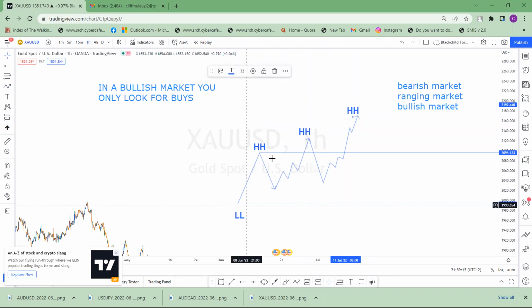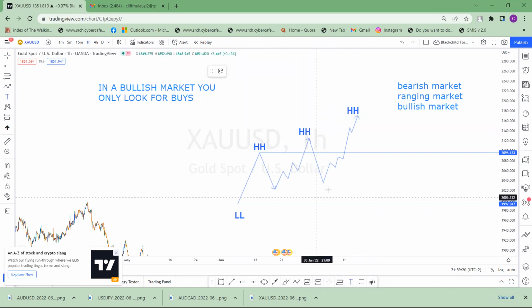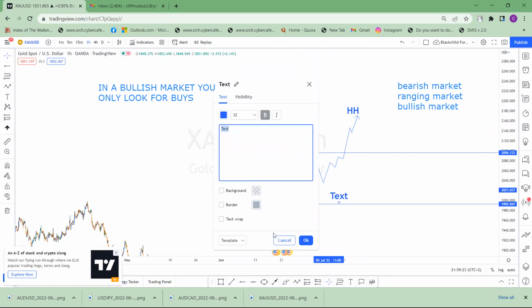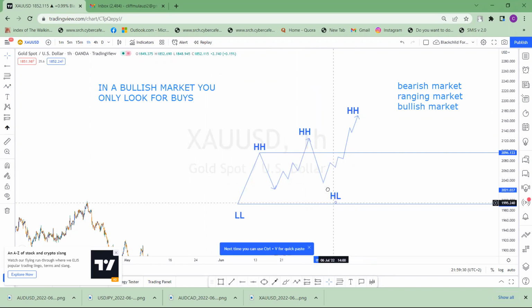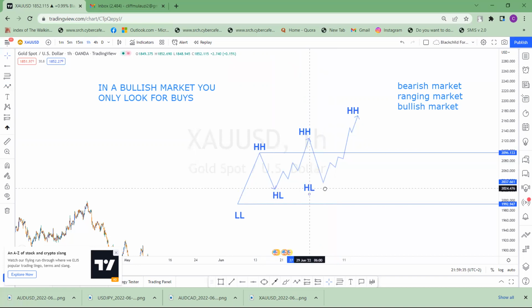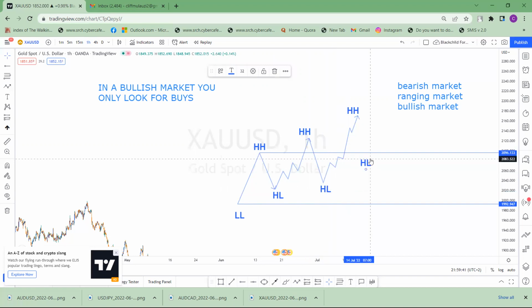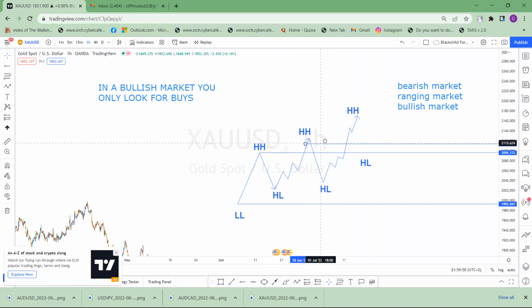Right now, you'll see that the market has created what we call a lower low, lower high, or a higher low, both ways. There's a new lower low here and a new lower high. Wherever your structure is, like this one is a structure now, and this is another structure, you see, again your structure has been broken.